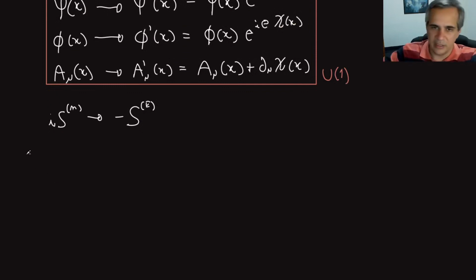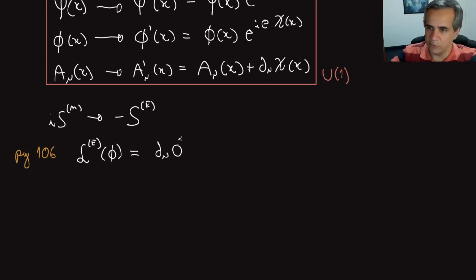So if you look in my lecture notes at page 106, you see that the Lagrangian in the Euclidean for the scalar is just del mu phi star del mu phi plus V of phi star phi.